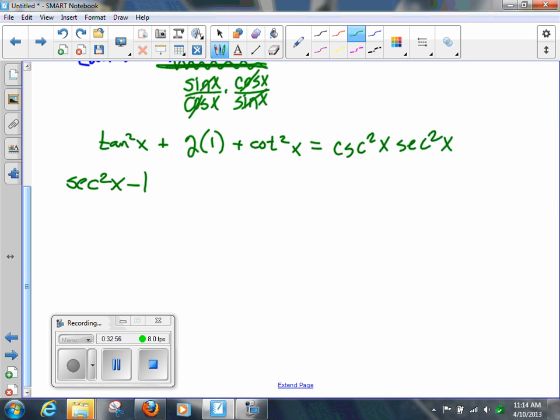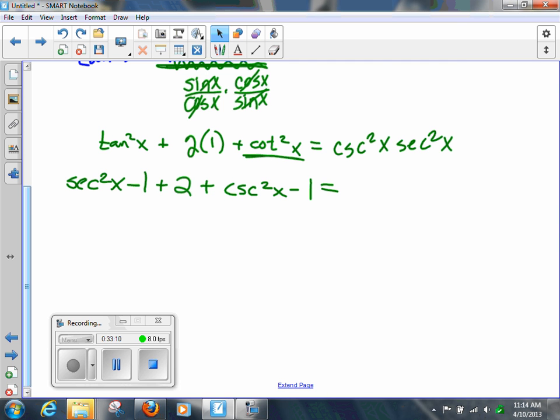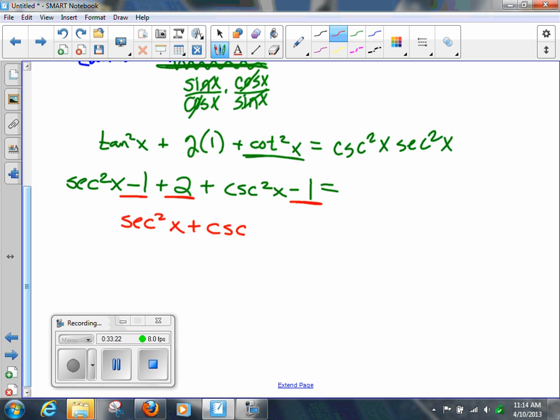Minus 1 plus 2 plus, what's cotangent squared? Look what it is, folks. That's straight from the card. And then look, like term, like term, like term. What's negative 1 plus 2 minus 1? 0. And it gives me secant squared plus cosecant squared. Now, I'm getting closer.